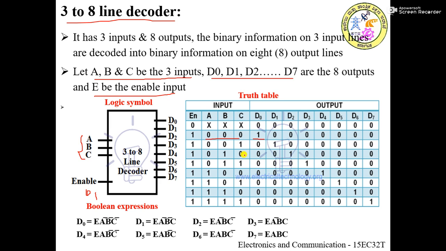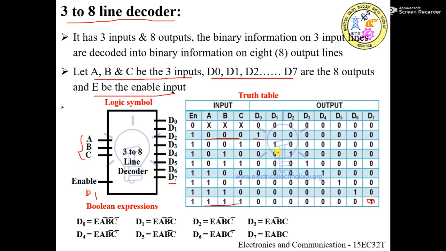If you go on writing all the combinations, for the last combination with ABC 1 1 1, the last output line D7 is activated and only that becomes 1. The rest of the output lines will remain 0.